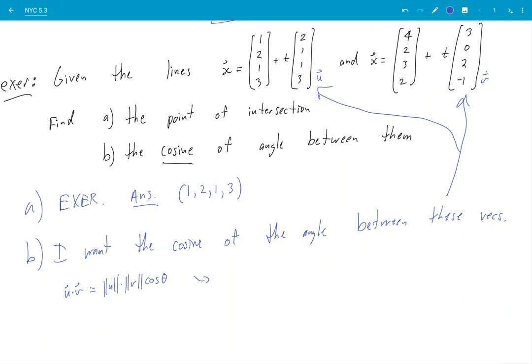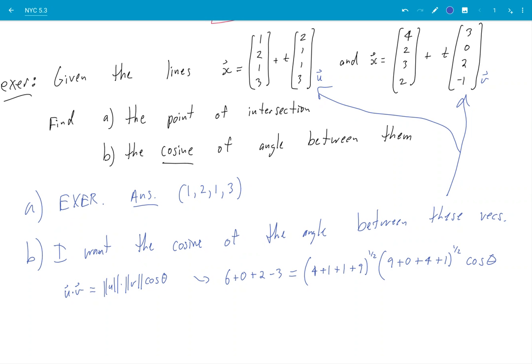I get 6 plus 0 plus 2 minus 3, is equal to the length of U, which is 4 plus 1 plus 1 plus 9 to the half. Length of V is 9 plus 0 plus 4 plus 1 to the half. And then we have cosine of the angle.